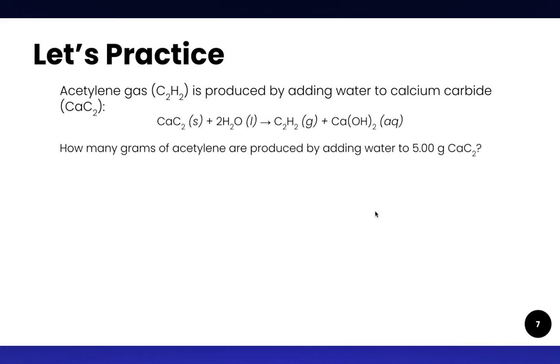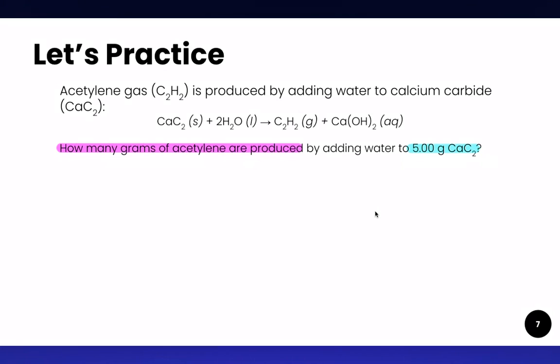First step, just like in the cookies, is to identify the important information for solving the stoichiometry problem. First question in pink, what are they asking for? Is how many grams of acetylene are produced. Okay, the information they give you to work with at the beginning is 5.00 grams of calcium carbide.